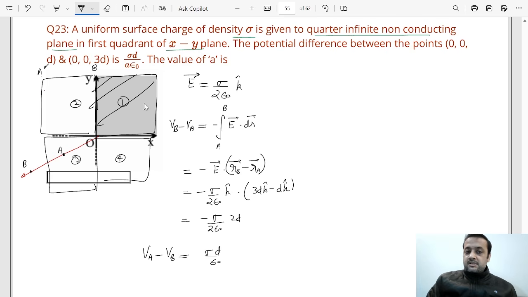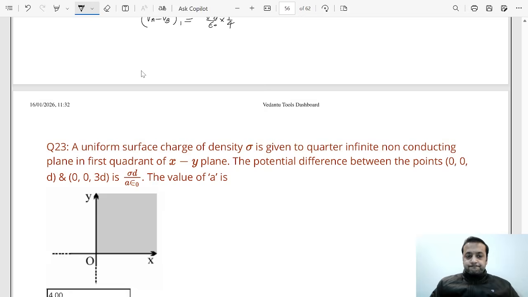So if you talk about just the potential difference due to 1 quarter, it will be 1/4 of the total value. So just because of 1 quarter, VA minus VB due to quarter 1 will be 1/4 of the total value. So if you compare this, A will become 4. I hope you have understood. All right.